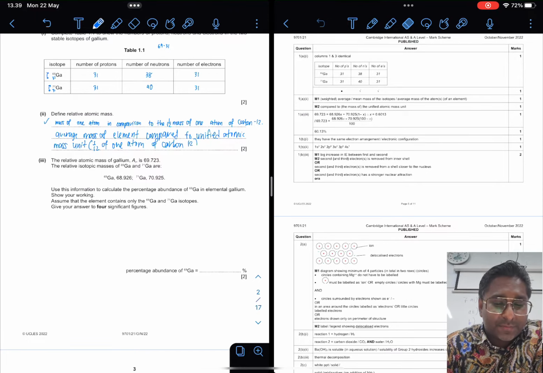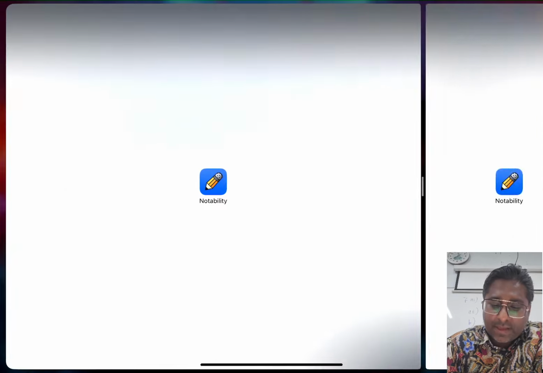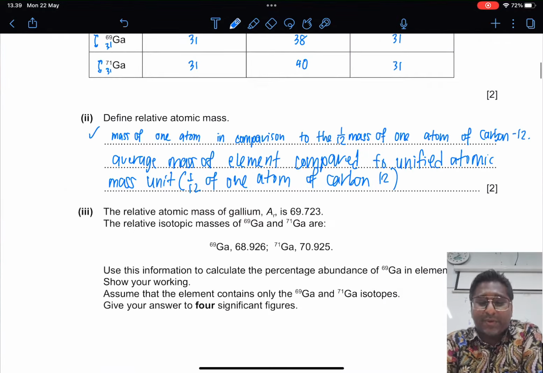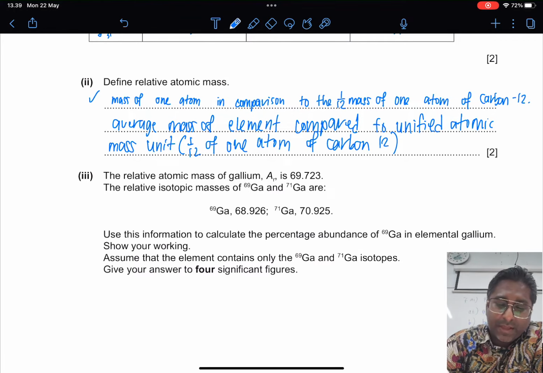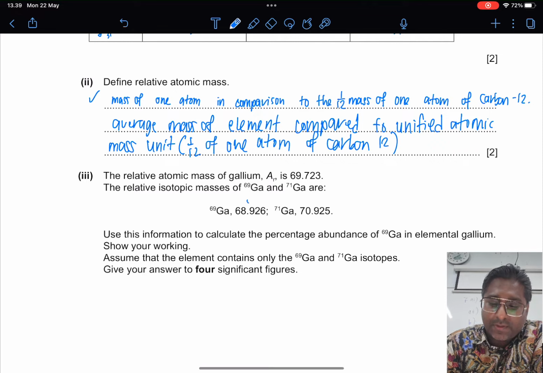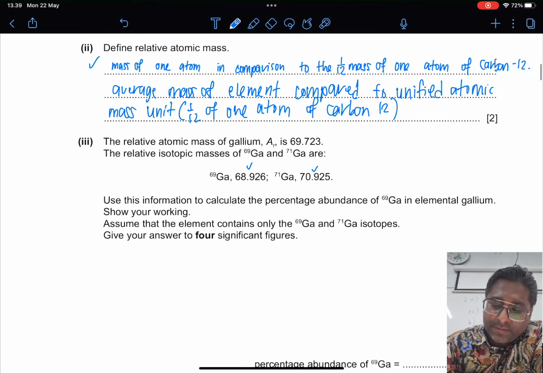Now let's move on further. The relative atomic mass of gallium is 69.723, and they give you the masses. Use the information to calculate the percentage abundance of each isotope in elemental gallium. Show your working.